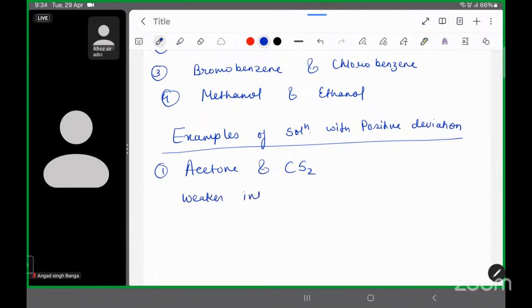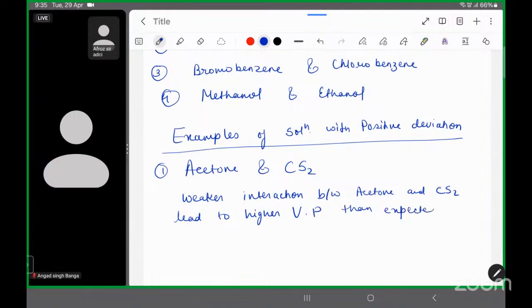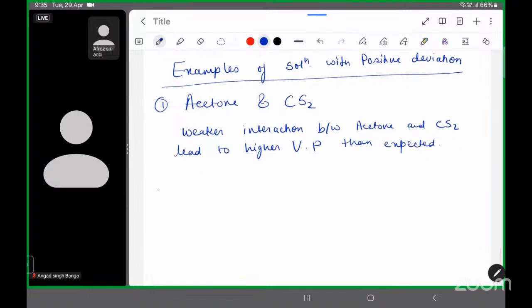Weaker interaction between acetone and CS2 leads to higher vapor pressure than expected. That's why they show positive deviation. Wherever the solute-solvent interaction is weaker, this is an example of positive deviation.